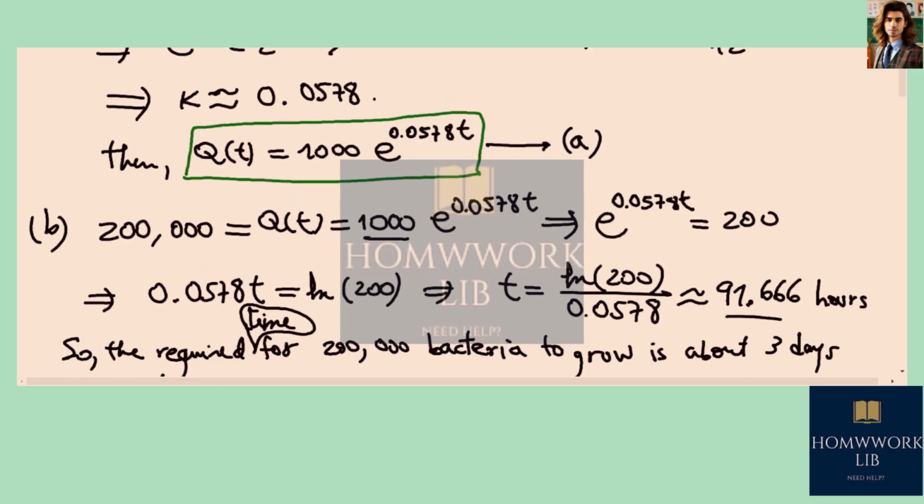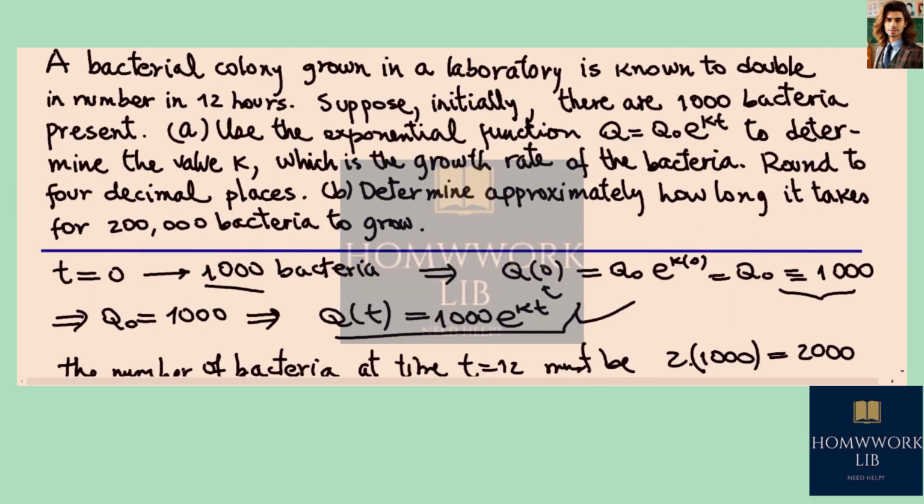And the information comes from the fact we are using an exponential function of the form q0 times exponential of kt with the growth rate of k, and that value k is determined by knowing the behavior of the bacteria, that is, that it doubles in number in 12 hours, and that initially we had 1000 bacteria.